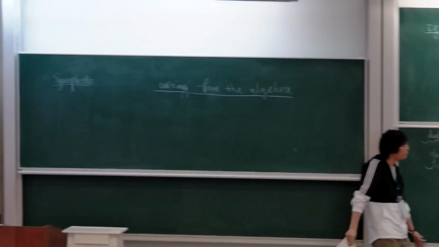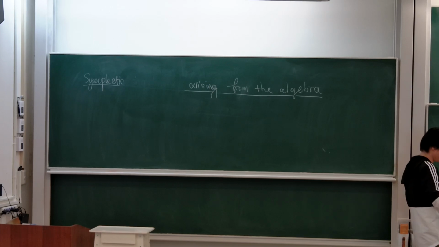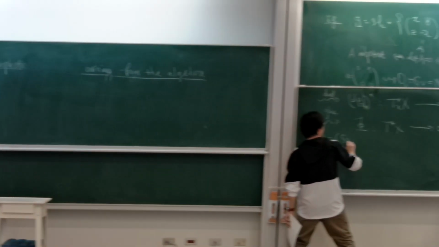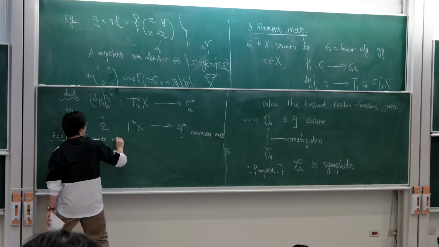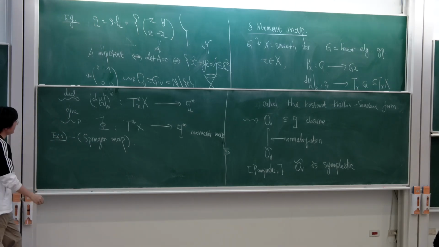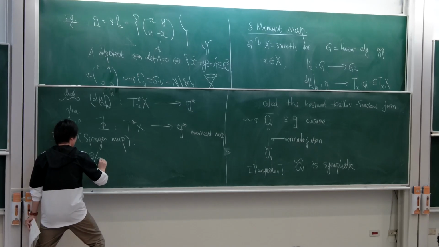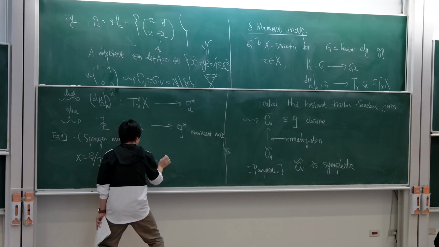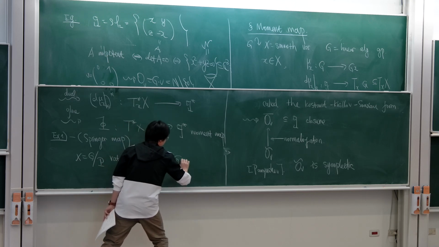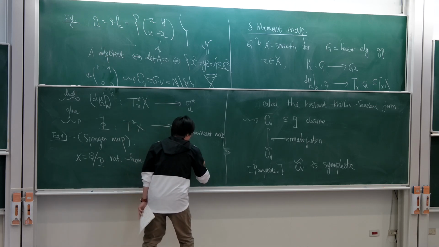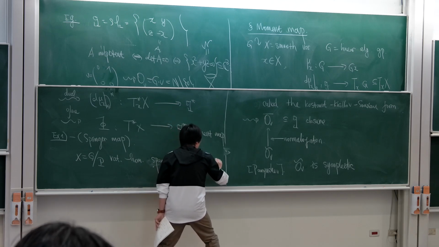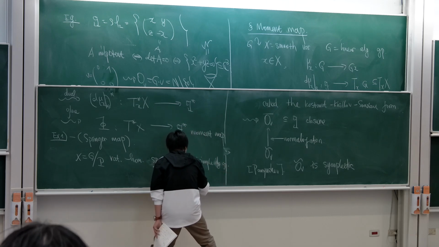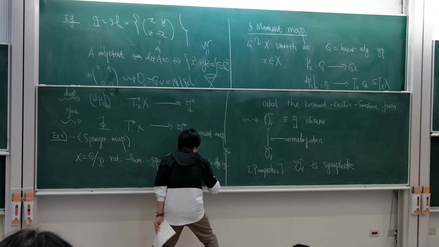Now I want to give you some explicit examples of this, which are very interesting and important. The first one is the so-called Springer map. In this case, you take X to be any rational homogeneous space. So G is some simple, semisimple algebraic group, and I take P to be some parabolic subgroup.